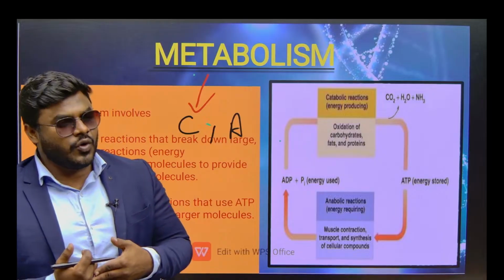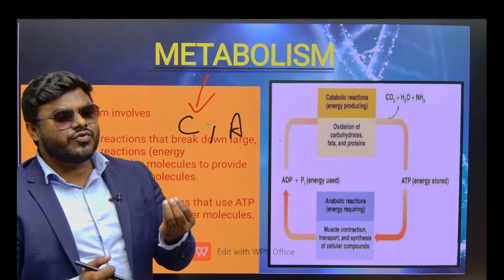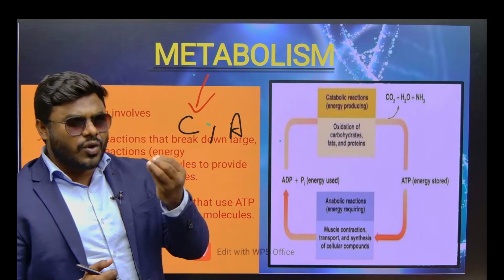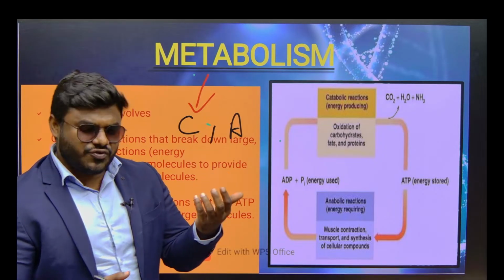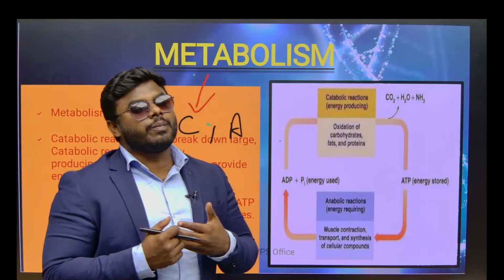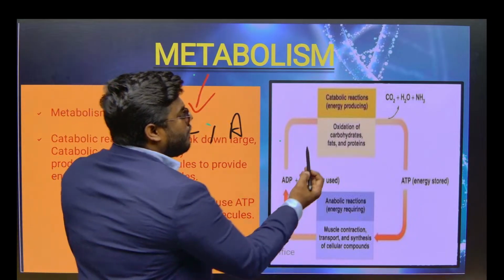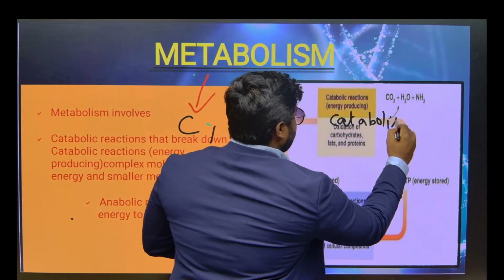So basically I am eating the food to get energy. Whenever I eat food, I never eat it in a simple form. I always eat the food in complex form. Correct? Suppose I eat rice or roti, which generally contains starch, which is a complex form. So that complex form I have to break down into simple form. Then only I can get the energy. So that breaking down we call catabolism.